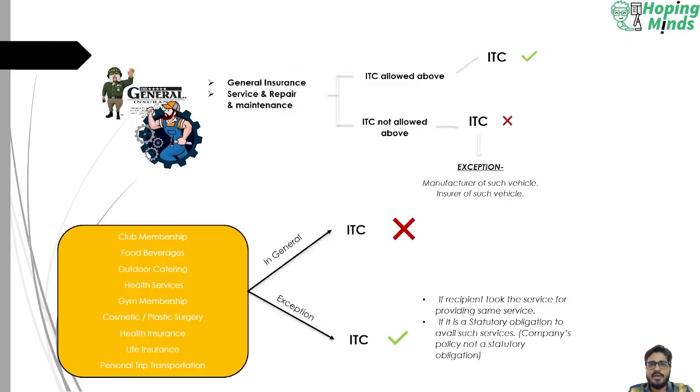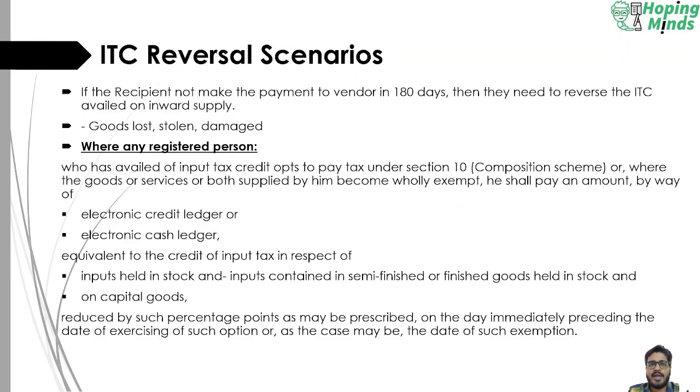Let's move ahead. ITC reversal scenarios. So if the recipient does not make the payment to vendor within 180 days, then he needs to reverse the input tax credit availed on the inward supplies. For example, if I have purchased certain goods from Mr. X on 1st June 2025, but I have not been able to make the payment till 31st December 2025.